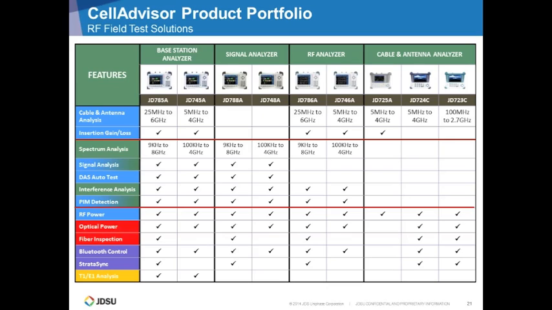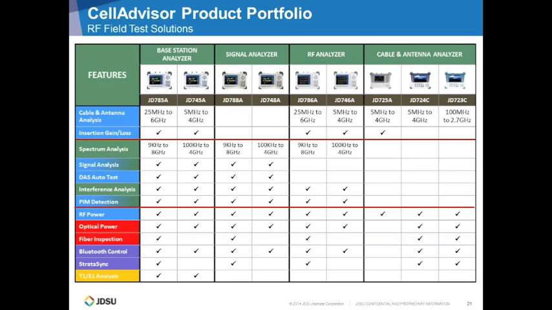This is a product table that just goes to show a product portfolio of a family of products that JDSU has known as a Cell Advisor. And this just goes to show that with the different colors that we're using on the left-hand side here, most of this is based upon the blue, the RF, the cabling. What's going on with that?